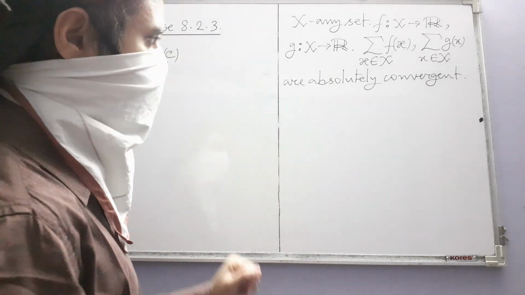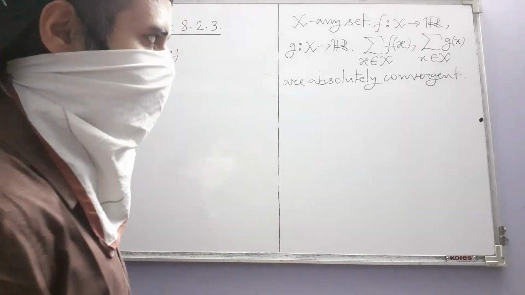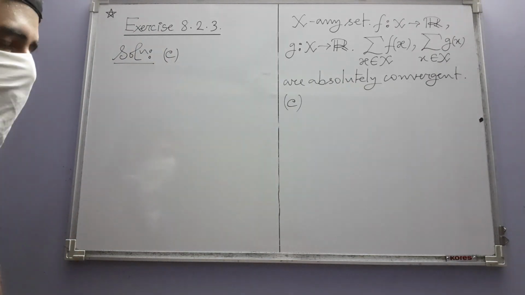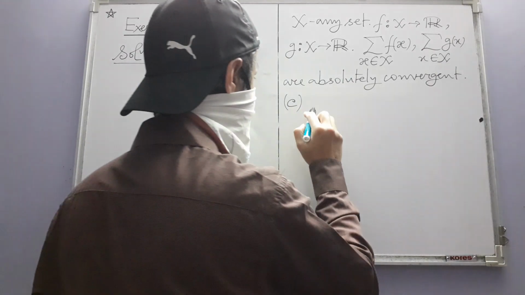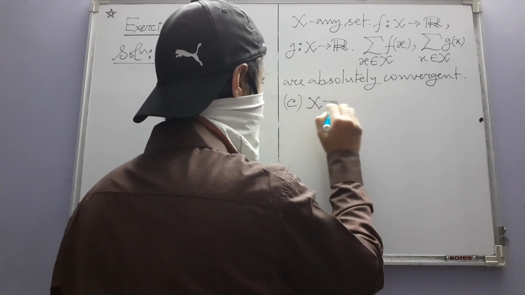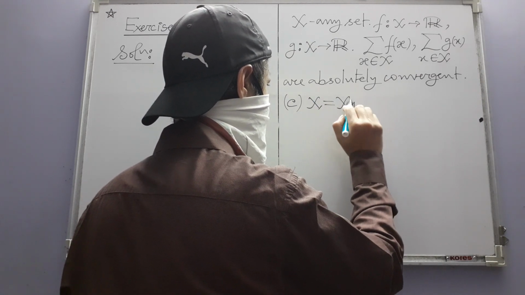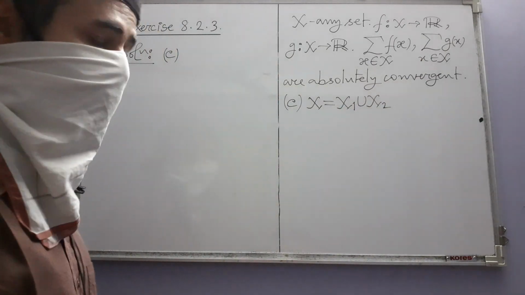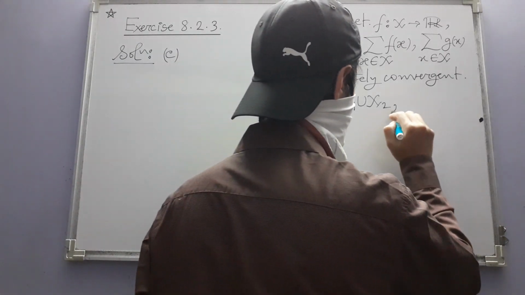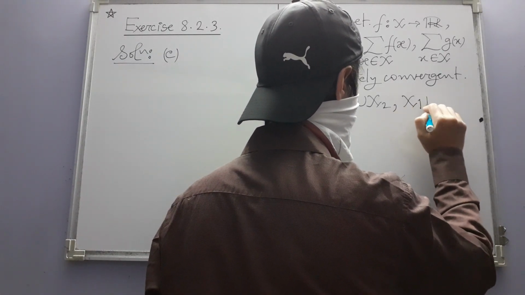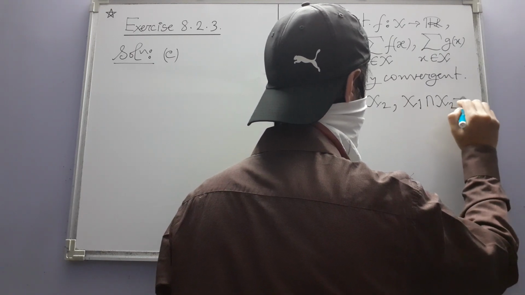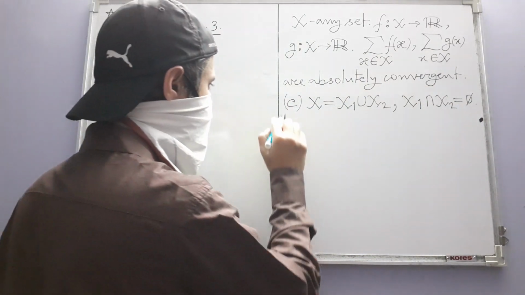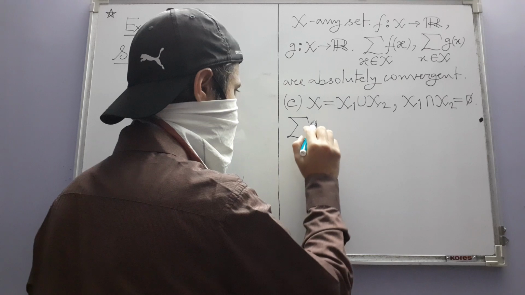So we have these hypotheses in the beginning of the result, and then after that we have those subdivisions A, B, C and D. A and B we already have seen, we have proved them. So let's now see what we have to do in part C. Part C states this: if the set X is the union of two subsets X1 and X2 which are disjoint, that means they do not have any element in common, then these two sums are also absolutely convergent.